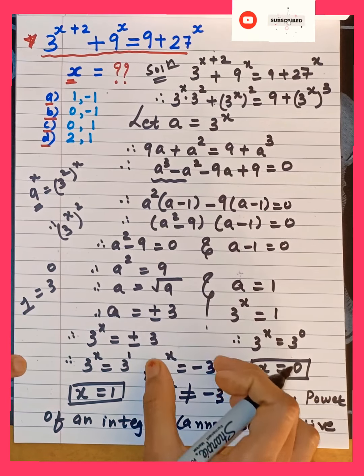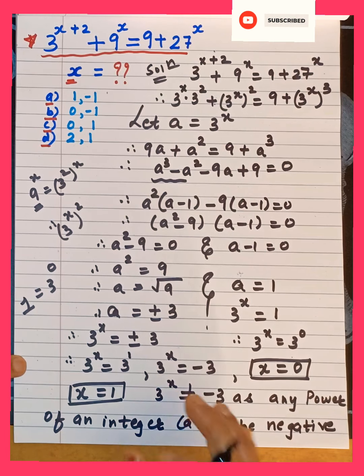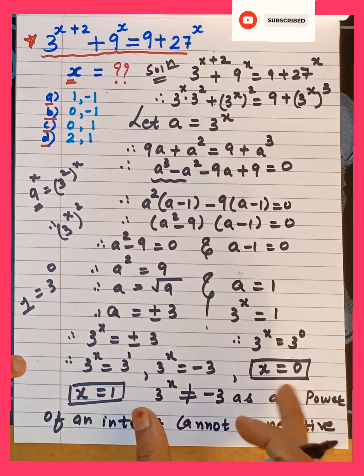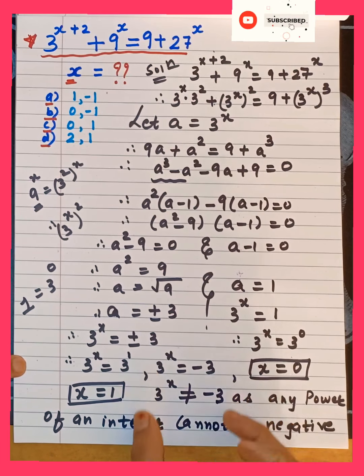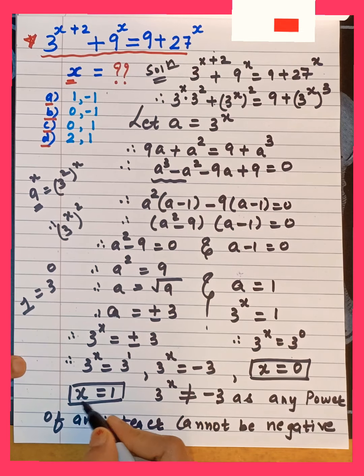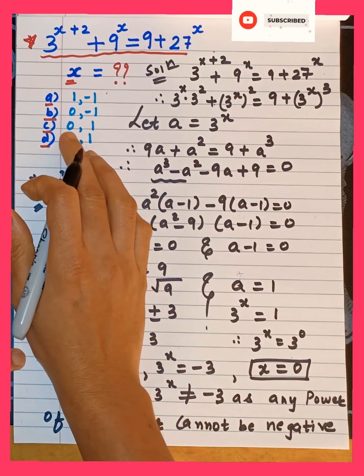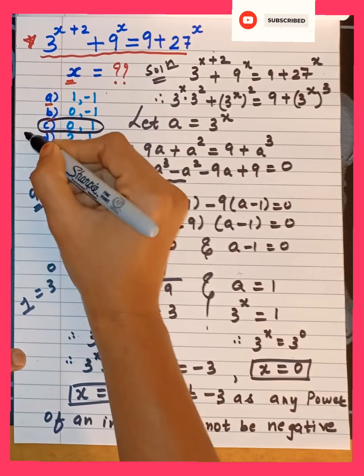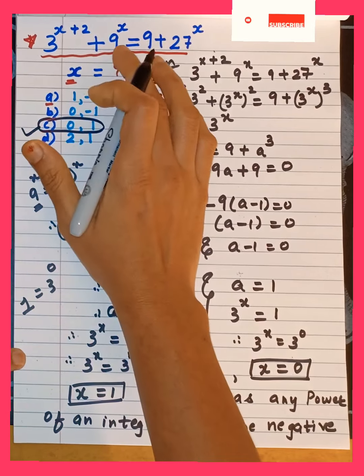So this part we will ignore. So we are getting two answers for this question, 1 and 0. So x is having these two values, and this one we will ignore, as any power of an integer cannot be negative. So x is equal to 0 or x is equal to 1. If you see the options, option C, 0 comma 1, will be the correct answer for this question.